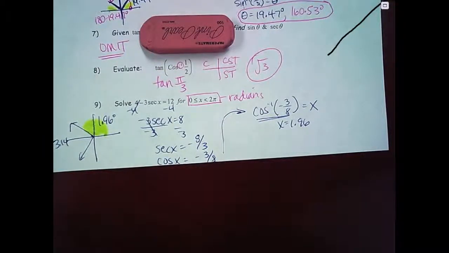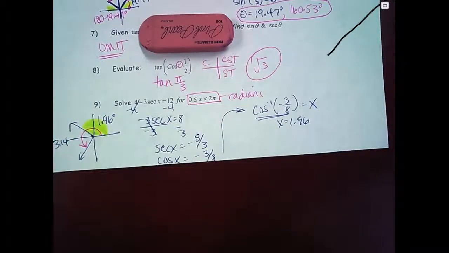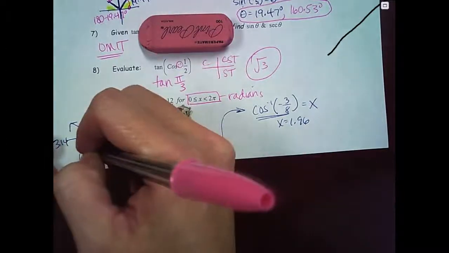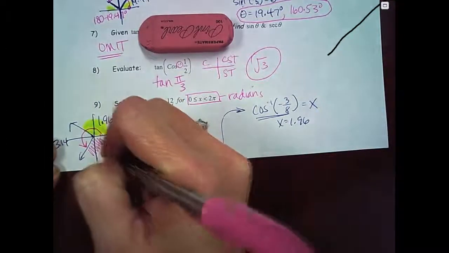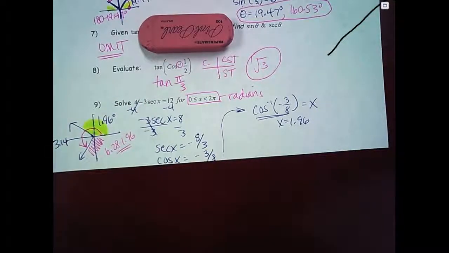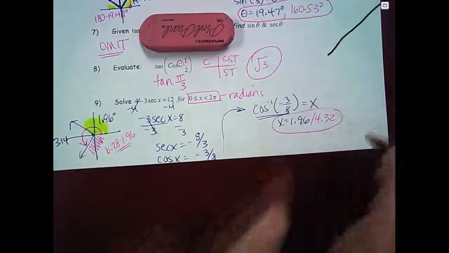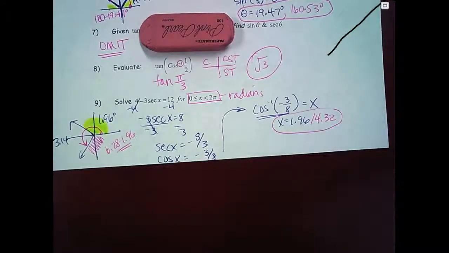So to find the other measurement, you want to start here and go to there. If I close the gap, I would be at 6.28. And I know this whole peak section is 1.96, so it's 6.28 minus 1.96, which is 4.32. That's a hard one.